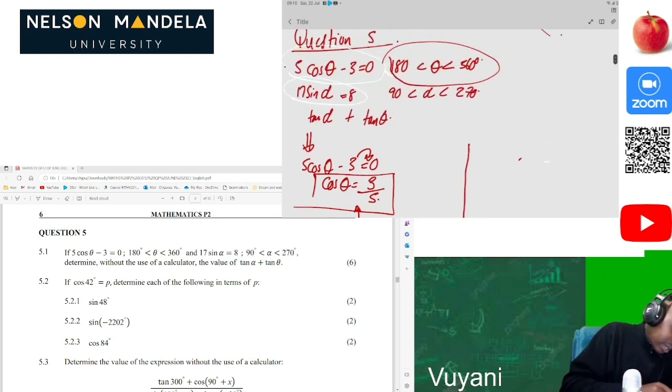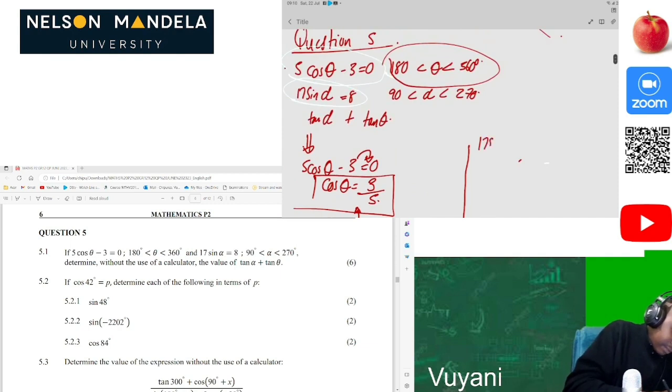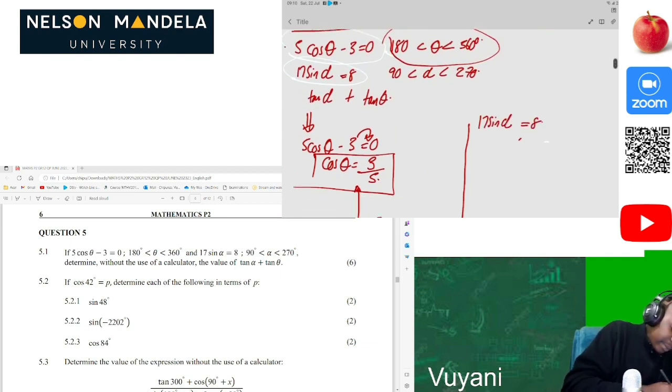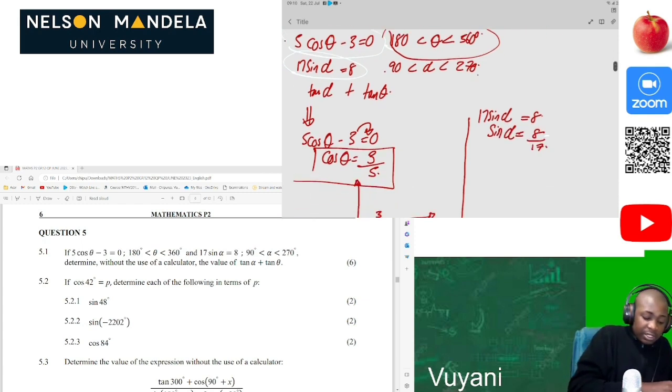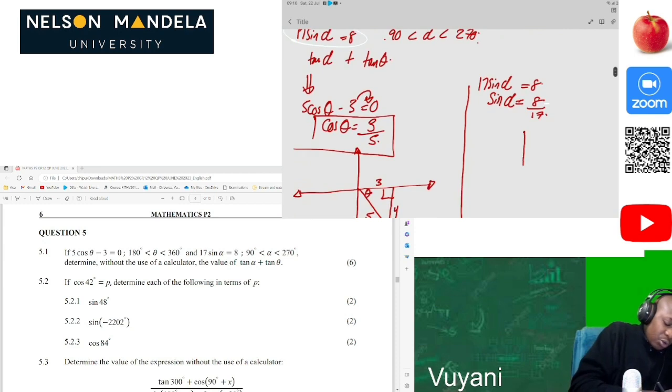Another one, we were given 17 sine alpha equal to 8. We just divide by 17, then we have sine alpha equal to 8 over 17. But we are given the interval from 90 to 270, so we should know which quadrant to draw in.